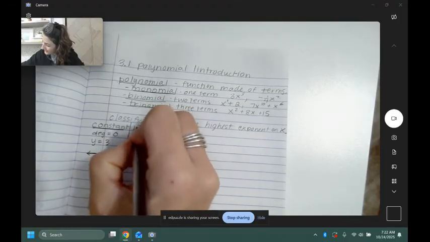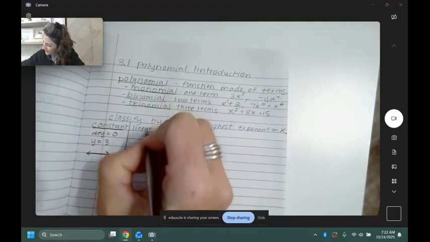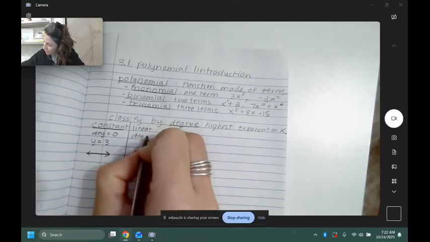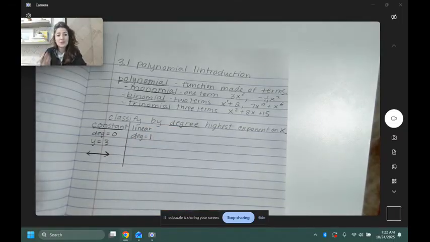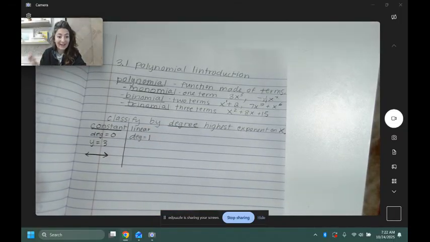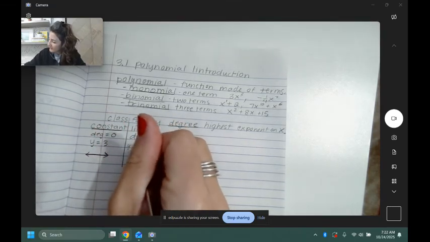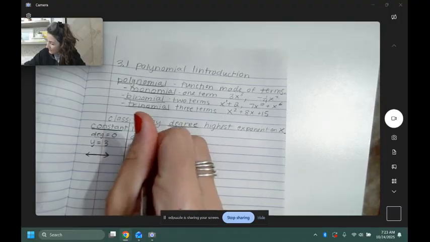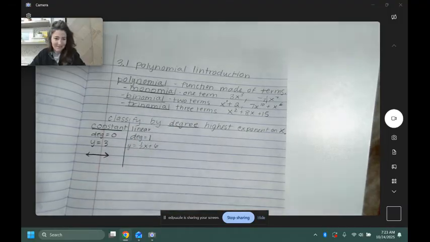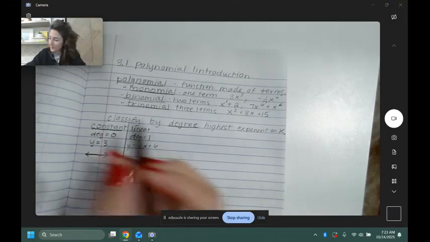Then I can have a linear function. This is where my degree is 1. So x raised to the 1 is going to be your highest exponent. It could be something like 1/2 x plus 6.